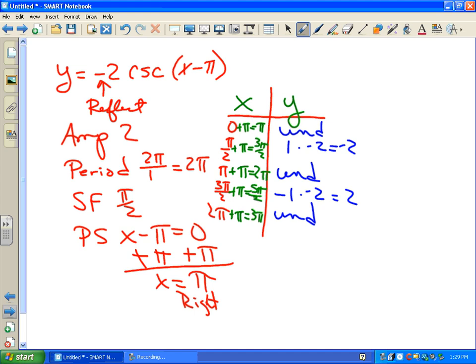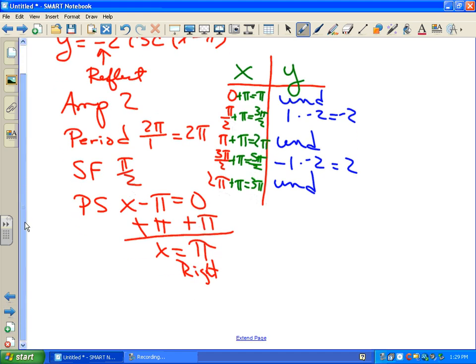So now that we've got our list of numbers and we've multiplied them by the amplitude, I don't see anything else I need to do. I've used everything. I used the negative 2 in the y column, and I used what was in here on the x column. So I've used everything I need to use. I can graph it. Now again, when you graph these, this may start at pi, but what am I supposed to be going by based on looking at these numbers right here?